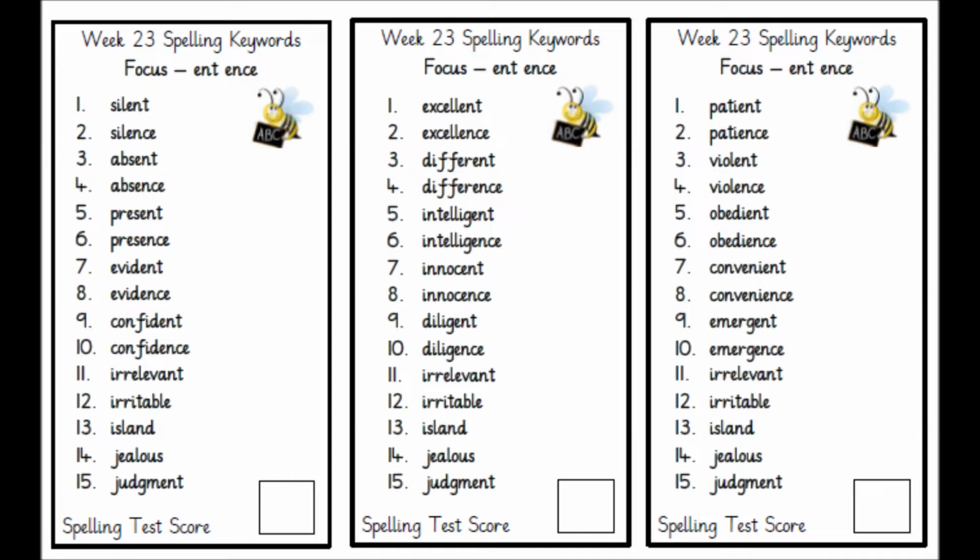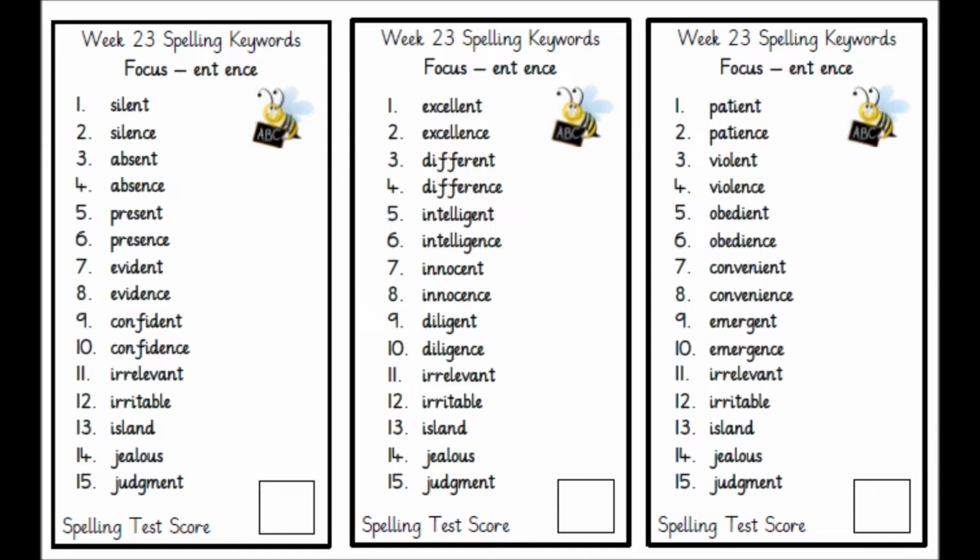And diligent, diligence. Now, somebody who is diligent is somebody who is hardworking and checks to see that everything is done. And diligence is being hardworking and checking to see that everything is done.